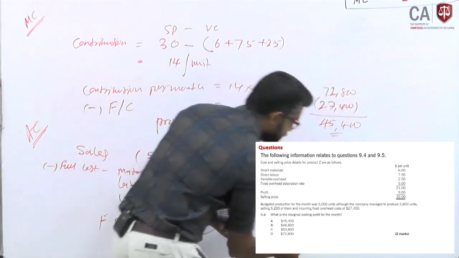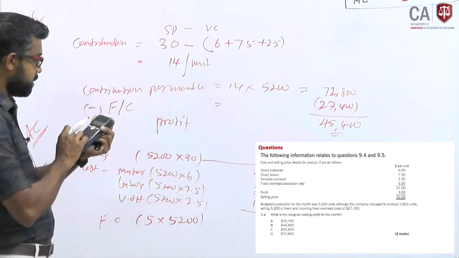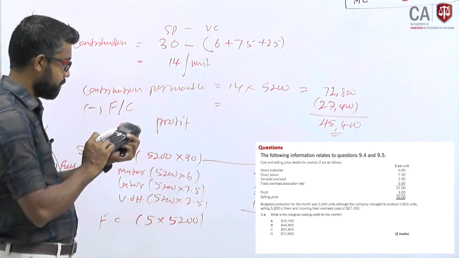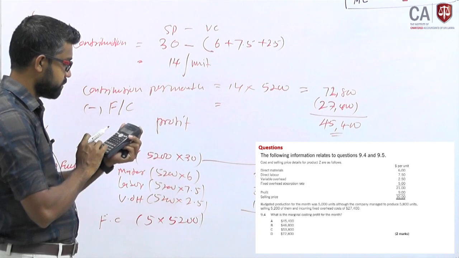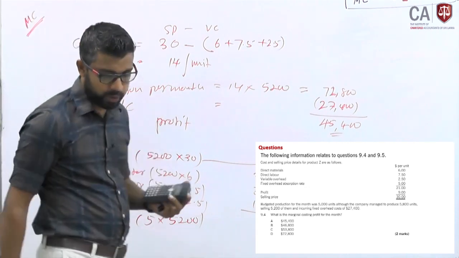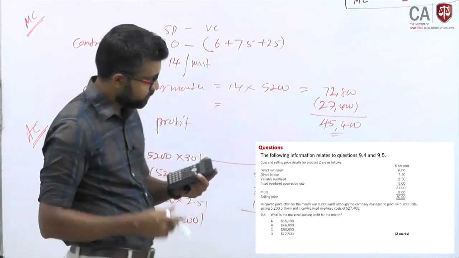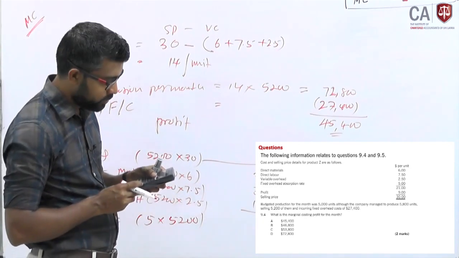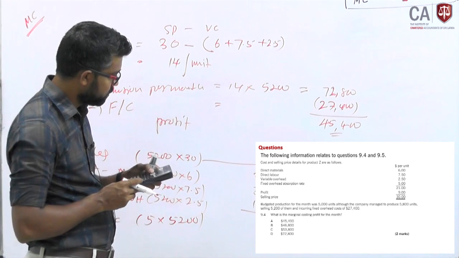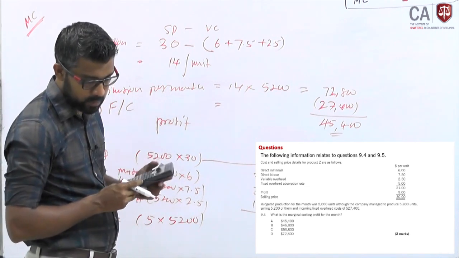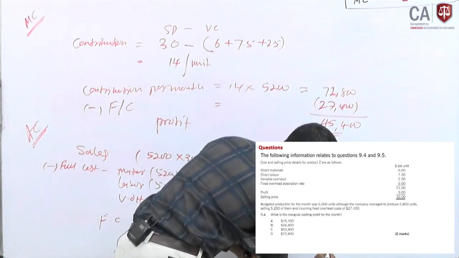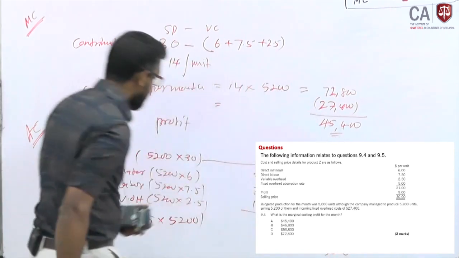What is the profit? 156,000 minus 83,200 minus 26,000 is 46,800.